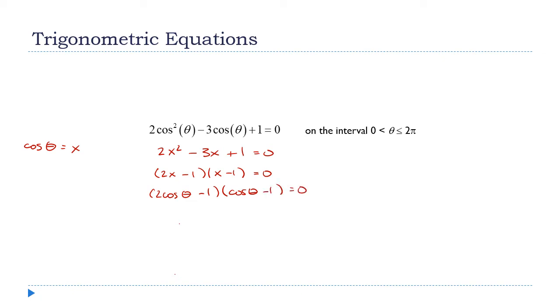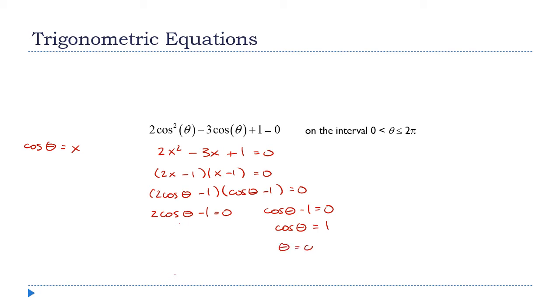And do what you always do when you've got something factored: set the factors equal to 0. 2 cosine theta minus 1 equals 0, and cosine theta minus 1 equals 0. The second one I think is easier. This is cosine theta equals 1.